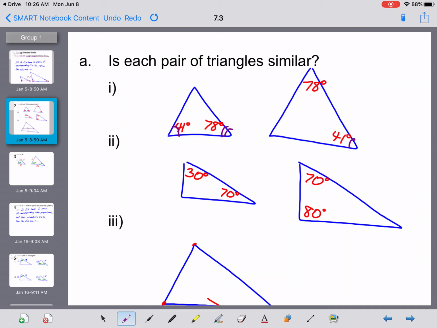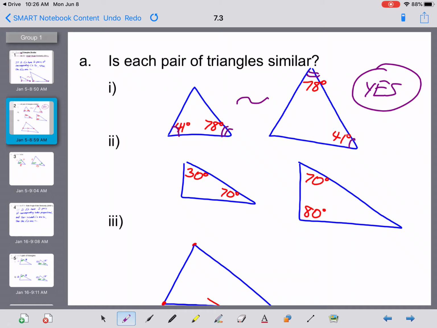I'll put one tick mark there, and a 78-degree angle up here on top. These two triangles have two pairs of angles that are congruent. Therefore, the answer here to number 1 is yes, by angle-angle similarity. So we know for a fact that those two triangles are similar, just because they have two pairs of angles that are congruent. 41 degrees, 78 degrees.